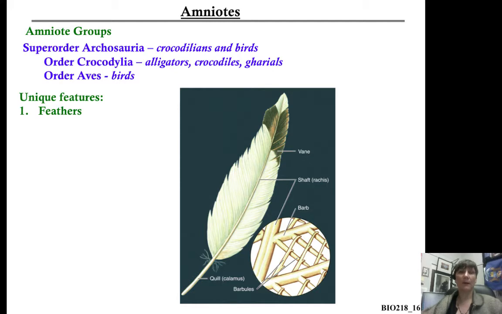There are a variety of different feathers that perform different functions. Some are specifically evolved for flight, some are for warmth and coverage. There are a number of different types of feathers. Now, we're not going to go into the gory details of the kinds of feathers. You'll learn that if you take ornithology, but it's important to note that there's not just one kind.